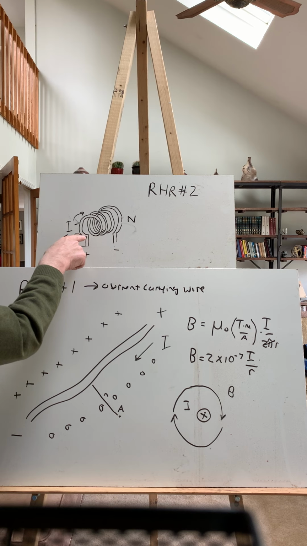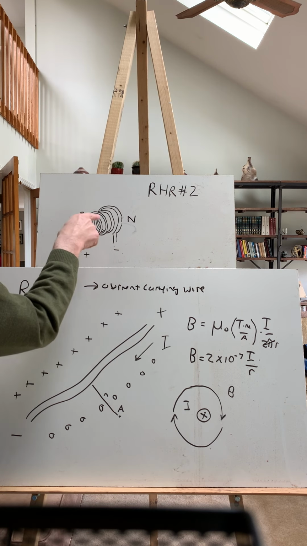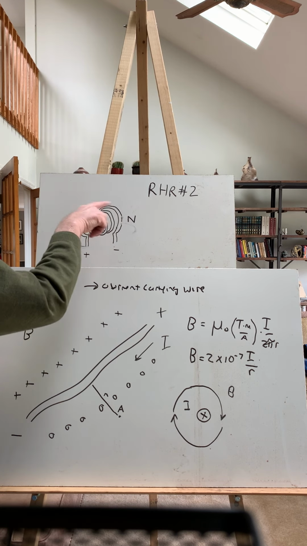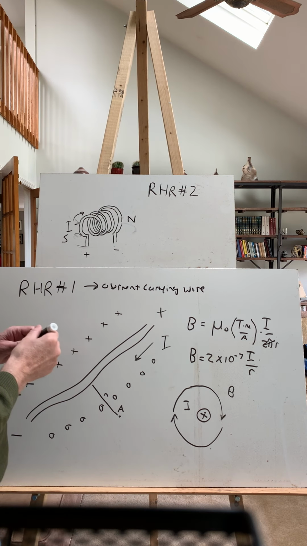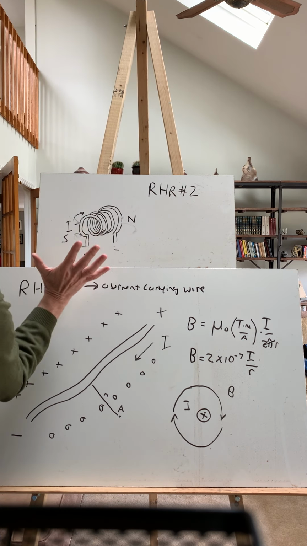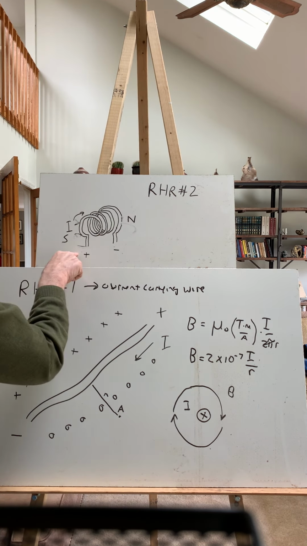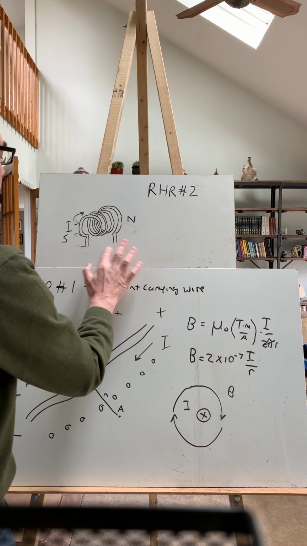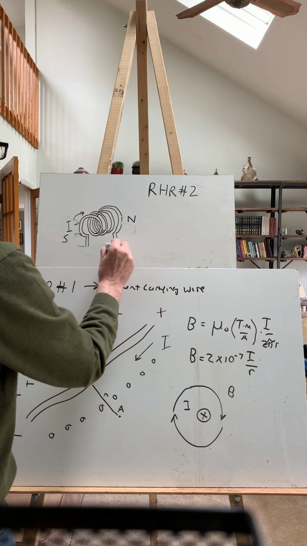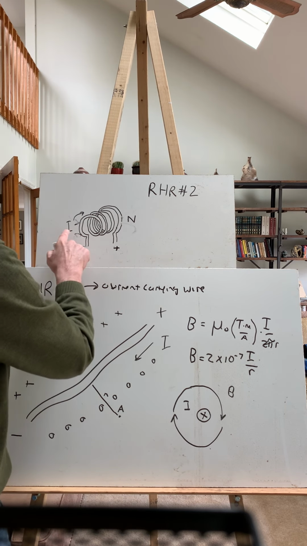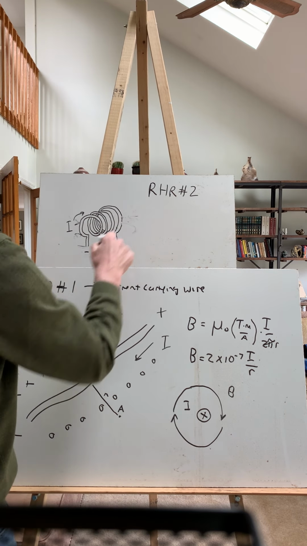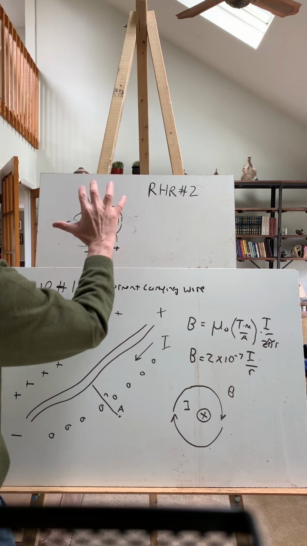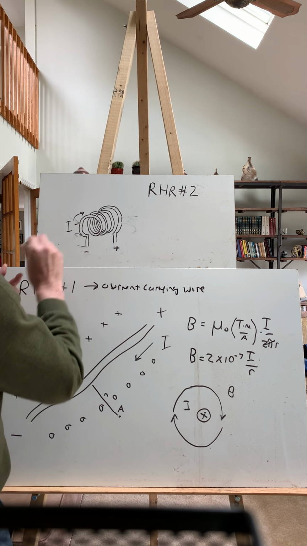But if we had looped this solenoid in the opposite direction around the core, then we would find that north is this way, where the positive is. Similarly, we could switch negative and positive and run the current from here to here, in which case when we wrap our fingers around, we would find north is this way.